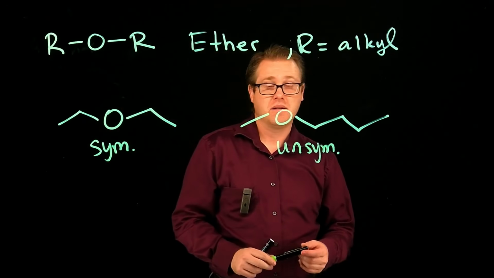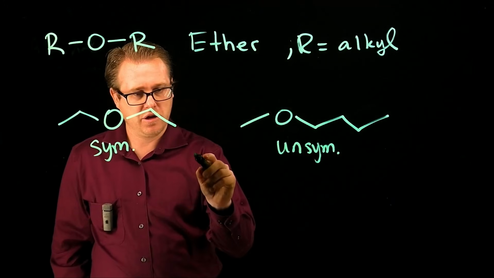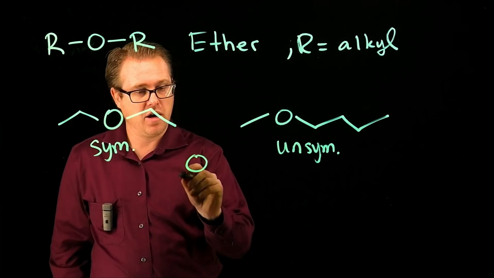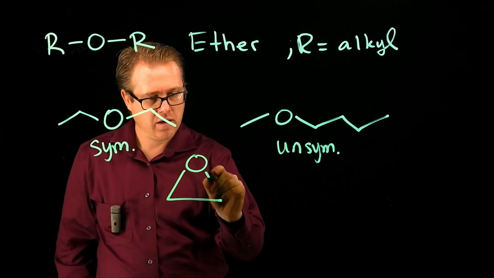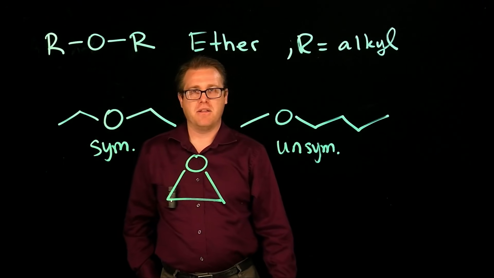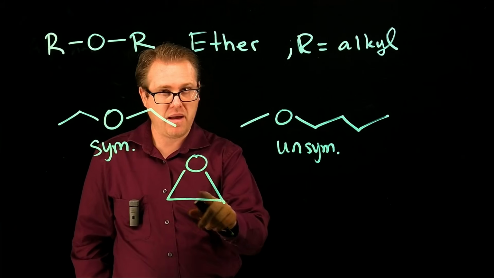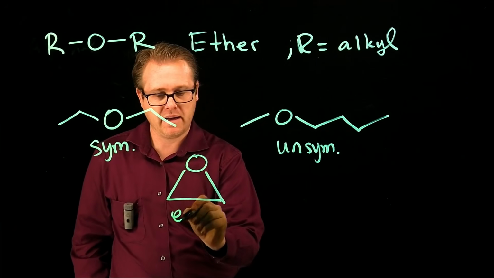Now ethers can also be in a ring. So you could put, let's say, an oxygen like that. That's an ether. But when you have an ether in a 3-membered ring, we call that an epoxide.